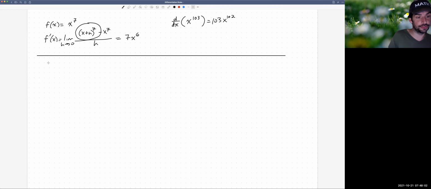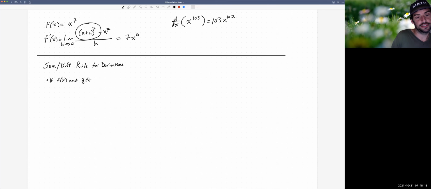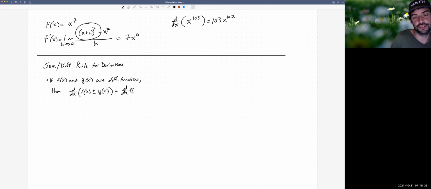So we're going to have the sum and difference rule for derivatives. And this just tells us that if f of x and g of x are differentiable functions, they have derivatives, then the derivative of their sum or difference is just equal to the sum or difference of their derivatives.